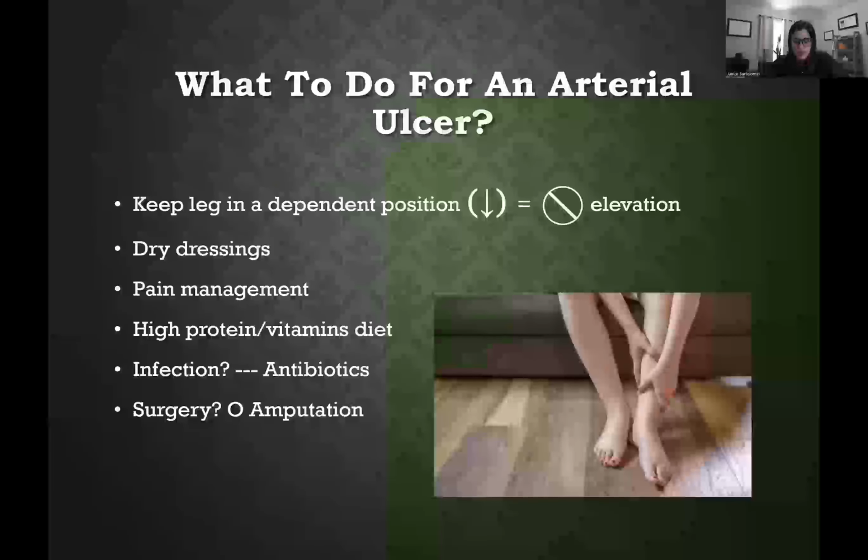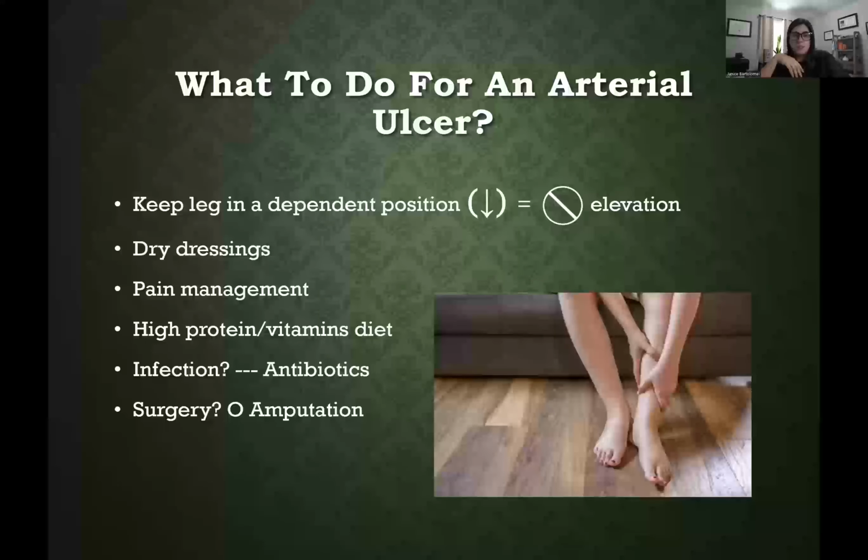If you do develop an ulcer, here is what to do. You want to keep your legs dependent because, again, blood flow is limited. If you elevate the leg, less blood flow is going to go to that extremity. So no elevation, keep your leg dependent.